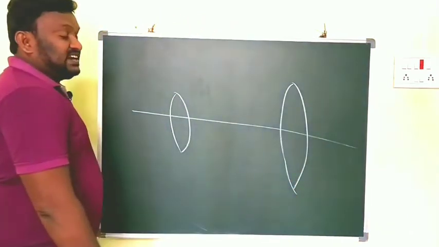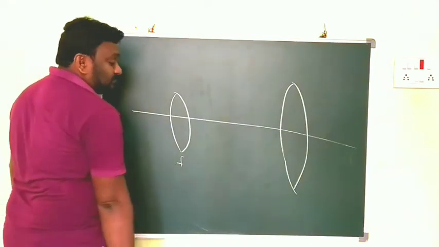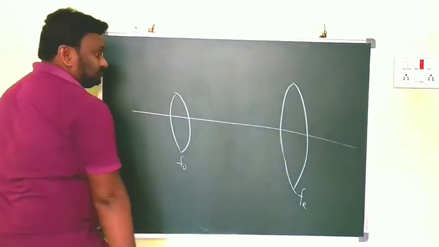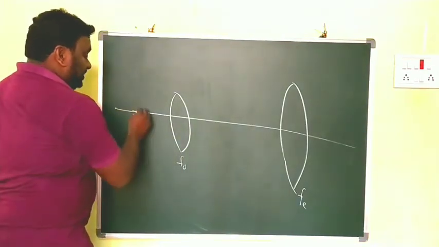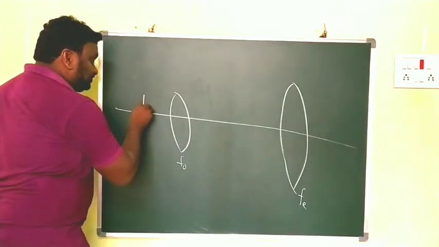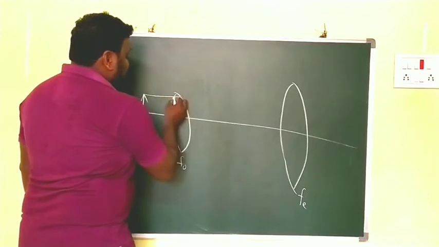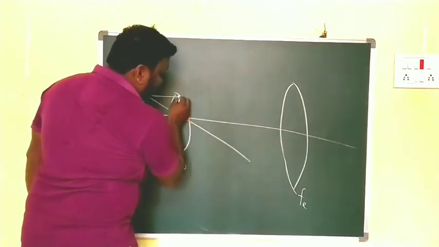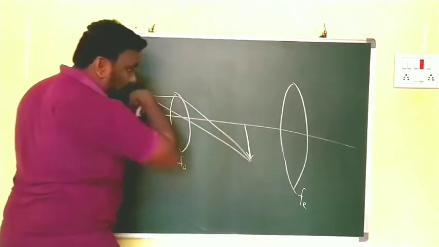This is the second lens, and the first should have lesser focal length and the second should have more focal length. Okay children, here we are keeping some object. From that object the rays come like this. They will form one image.